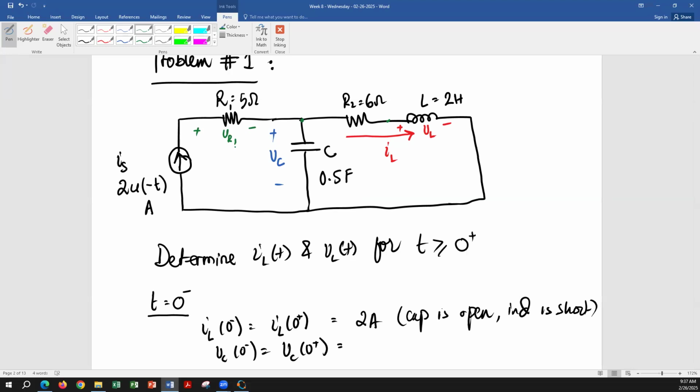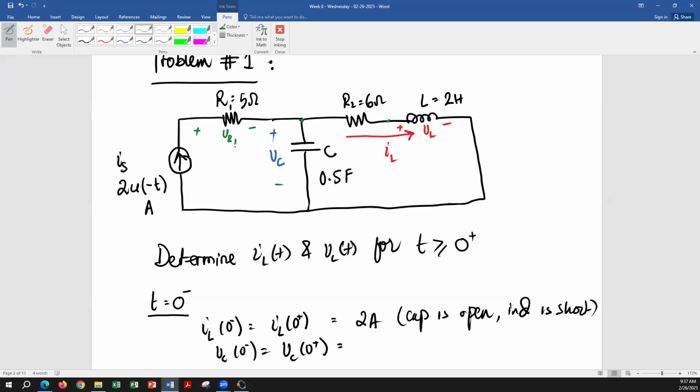Okay, that's not it. Lazaro, what will be the voltage across the capacitor? We're looking for VC. Mike, you have an answer?